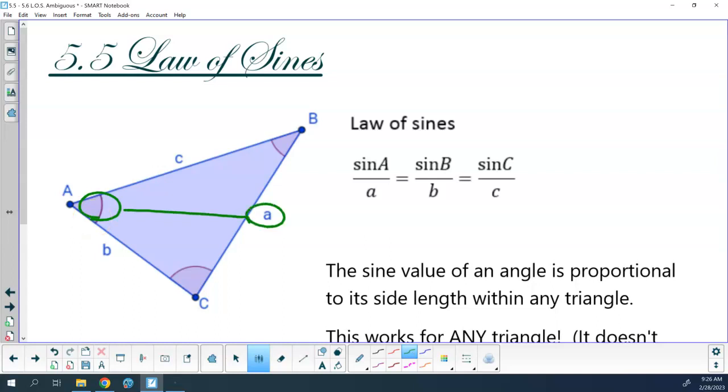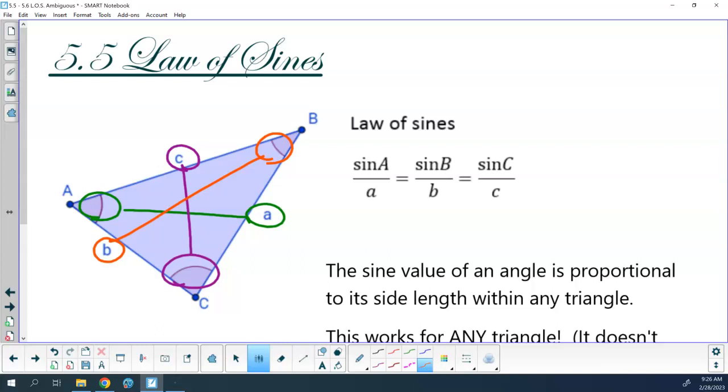You need to have at least one pair of those. Doesn't matter which pair you have, but you've got to have one complete set of an angle and its opposite side in order to use the law of sines. If you have that, then you can solve the rest of the triangle.